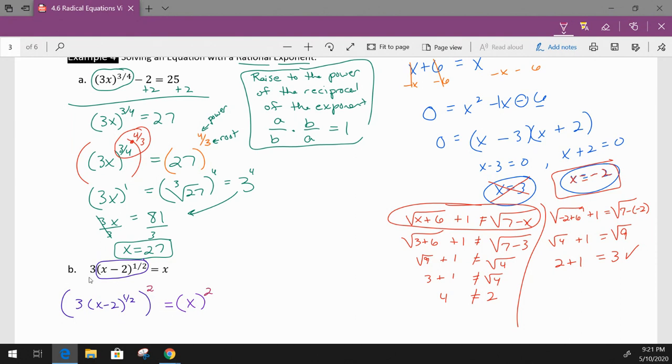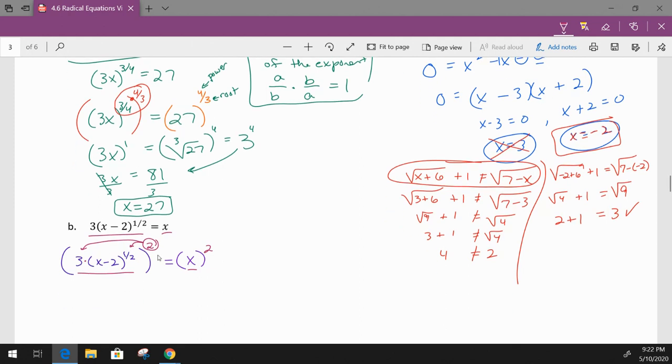So we're basically taking both sides of this equation. So this and this are the same. This and this are the same. So we're raising both sides of the equation to the second power, which keeps it equivalent. But this left side is a little bit tricky because this 3 is being multiplied in front. So you must square the 3 and square the quantity x minus 2 to the 1/2 power.